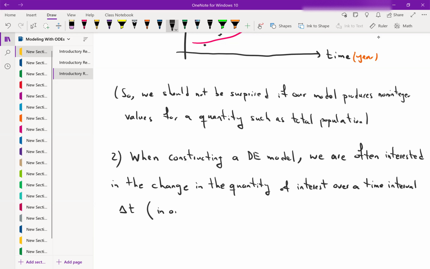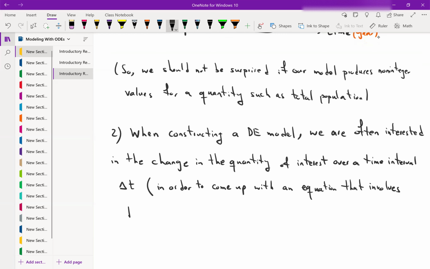In order to come up with an equation that involves the derivative of the quantity of interest, let's say that our quantity of interest is S, an equation with dS/dt. We know that dS/dt, by definition, is the limit as delta t goes to 0 of S(t + delta t) minus S(t), divided by delta t.